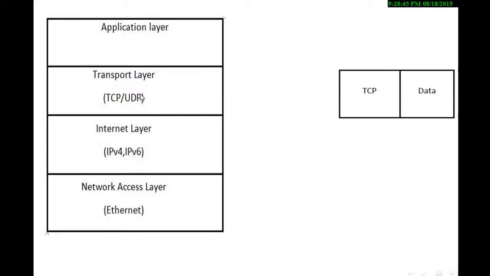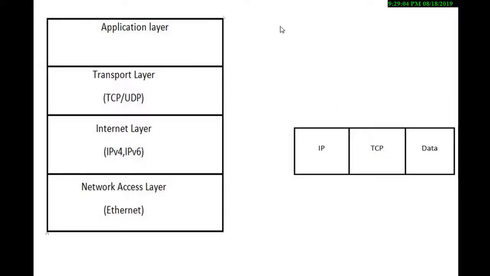In the transport layer, let's say TCP in this example, will add the related header to the data, and then it will deliver the packet to the next lower layer, which is the internet layer. In the internet layer, the 2 main protocols are IPv4 or IPv6.